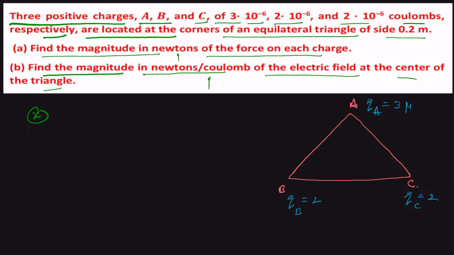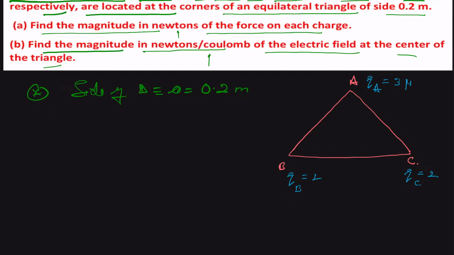Let us call the side a, and a is 0.2 meters, and the charges are QA, which is 3 microcoulomb, and QB and QC, which are 2 microcoulomb each.